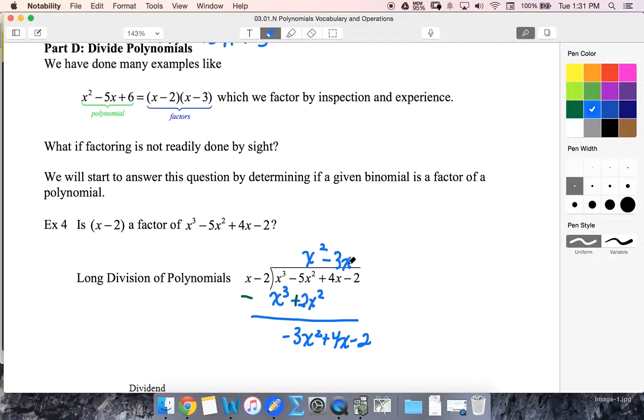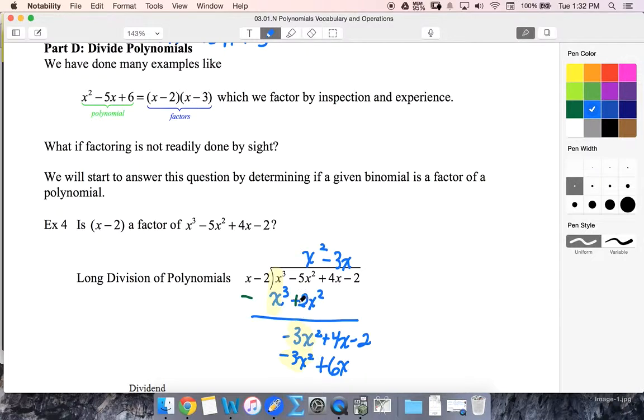When I multiply, the first term should always match. So here we matched with x cubed, and now I need to match negative 3x squared with something else. So negative 3x times x will make negative 3x squared. Negative 3x times negative 2 makes positive 6x.